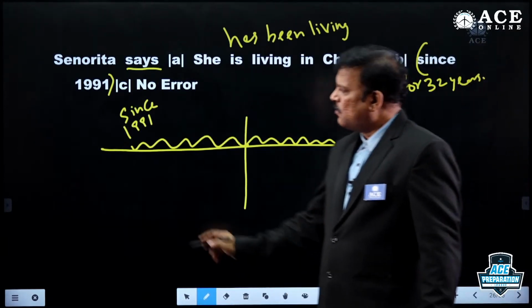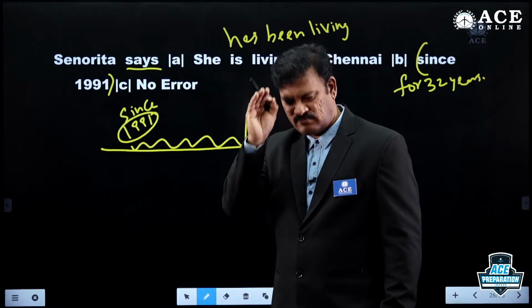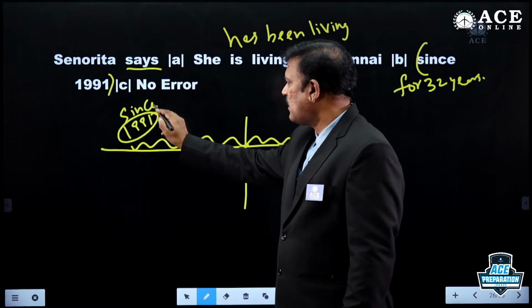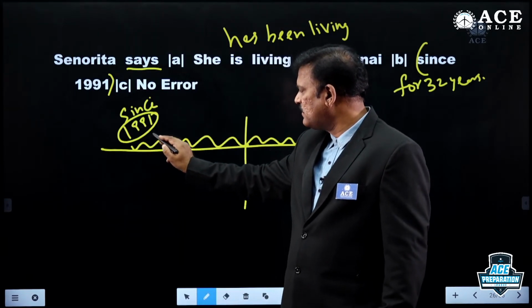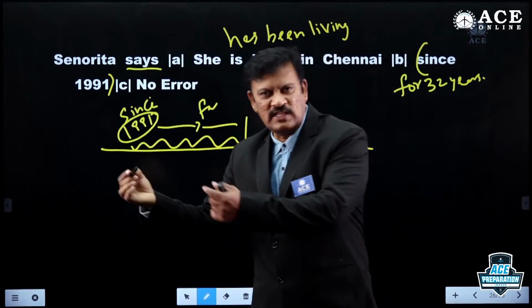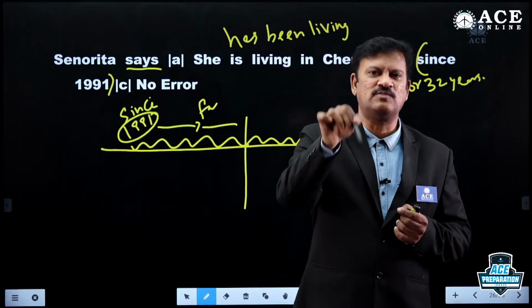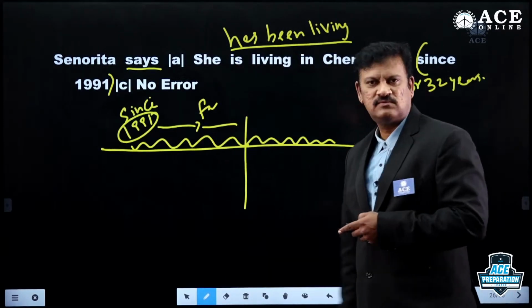Look at this. If I clearly mention this point of time, 1991, then I have to use since. I don't want to mention this point of time, but simply this length of time, for. So for is used for the length of the time, since is used for the point of time. But this is common.